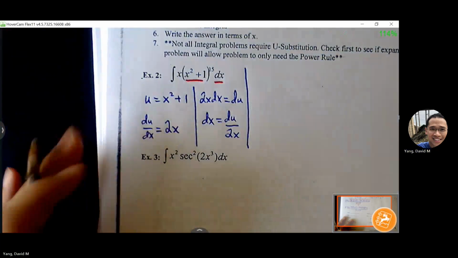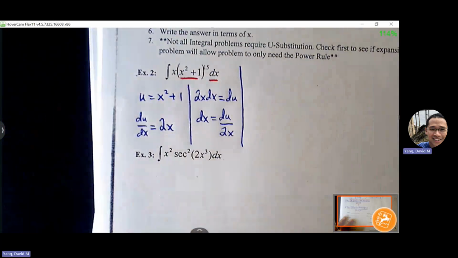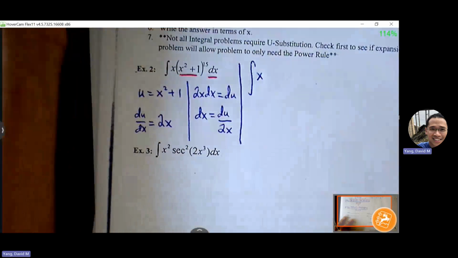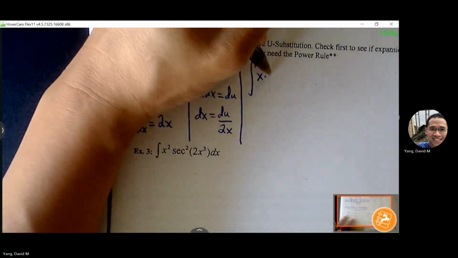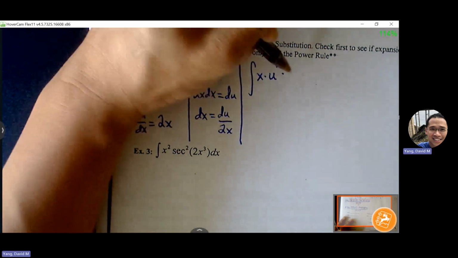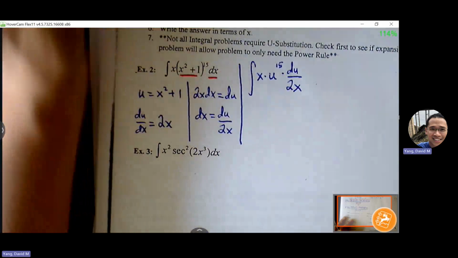Okay. Now we're just going to replace what we underlined. Okay. Everything else, don't change. So the x is going to stay for now. X squared plus 1 turns into u. The 15 stays. And dx becomes du over 2x.